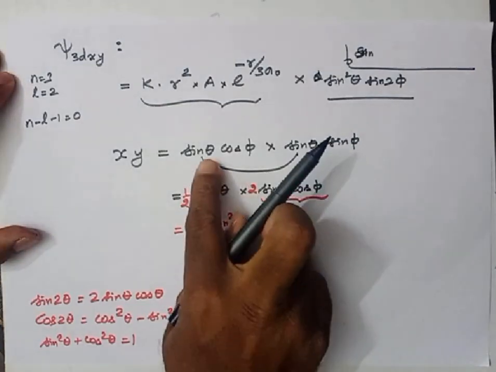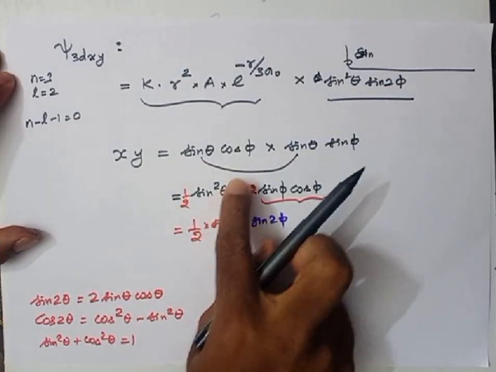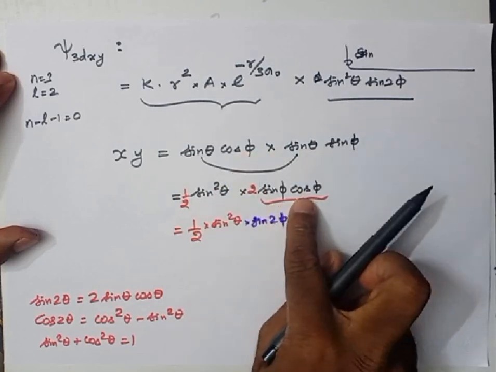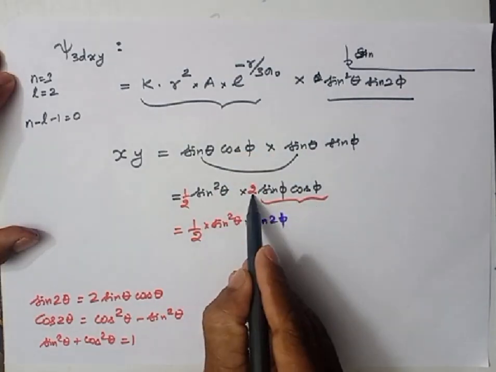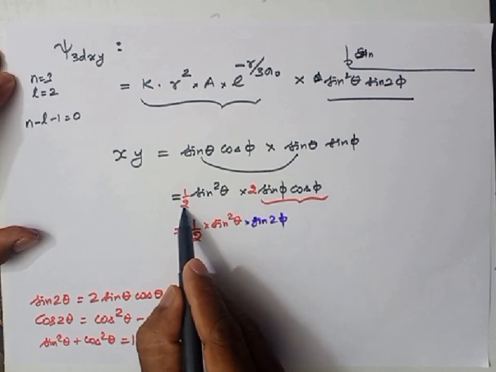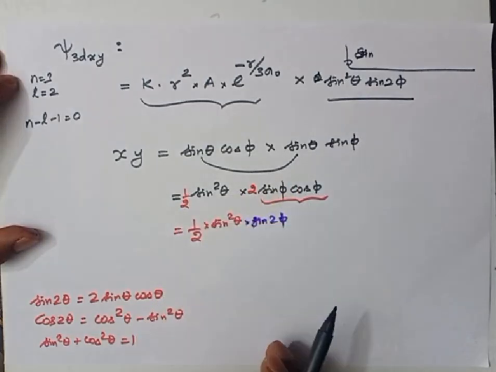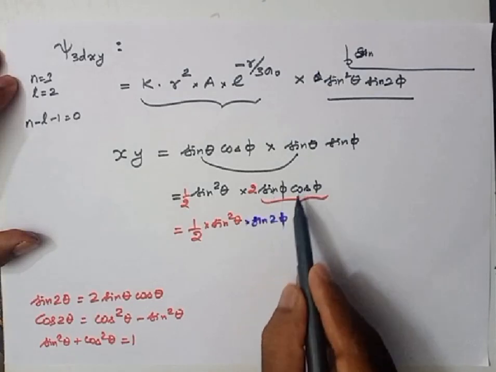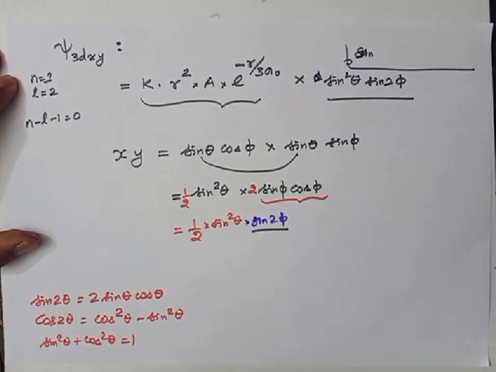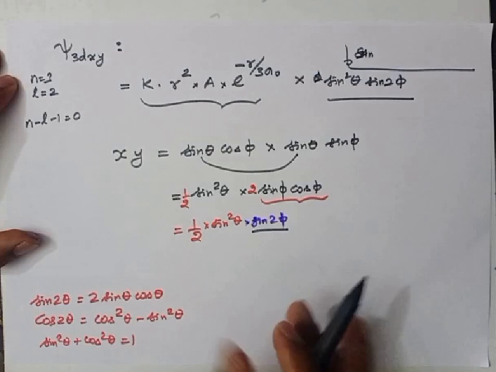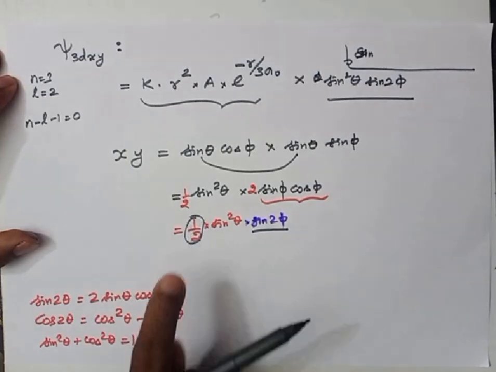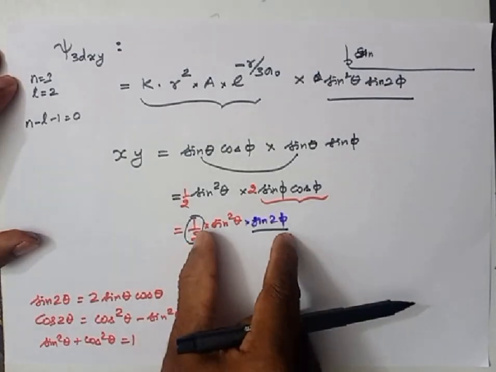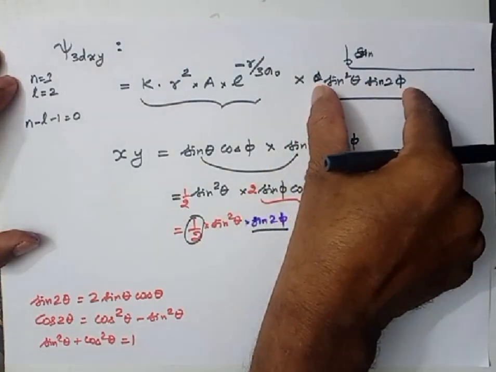If I multiply, I will get sin square theta, then sin phi into cos phi. I will multiply this by 2 and divide by 2 so that the equation remains the same. You know very well 2 sin phi cos phi is sin 2 phi, and I will keep the other factor as such, which is anyway a constant, so you need not worry about it. This is the angular part.